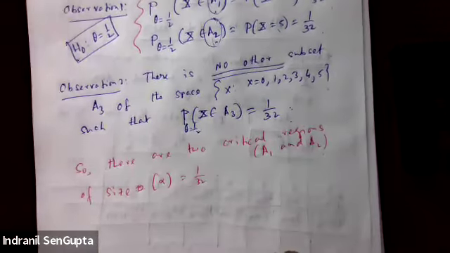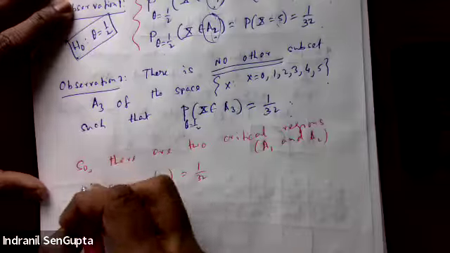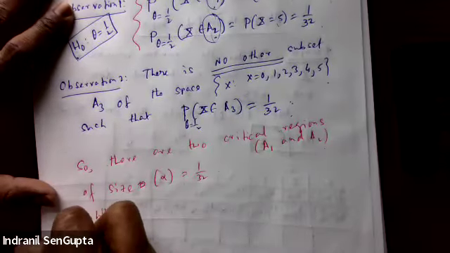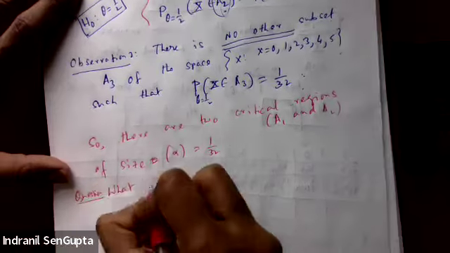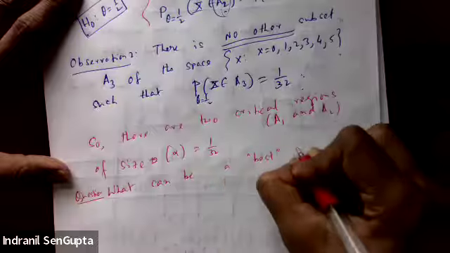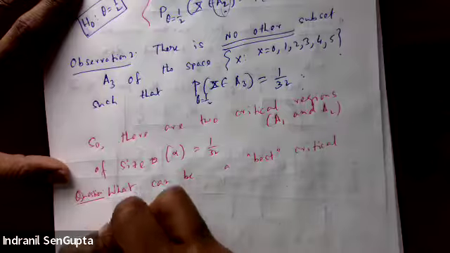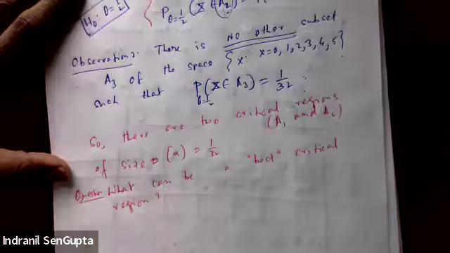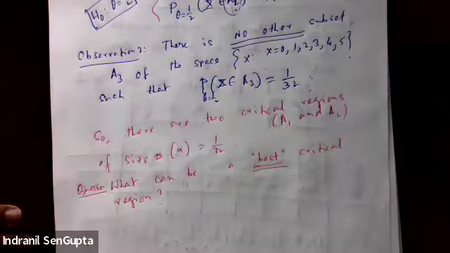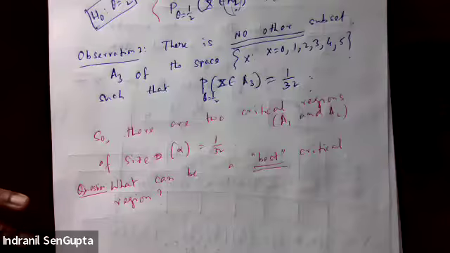Now here is a question: what can be a best critical region? The question is not well formulated yet because I don't even know what is meant by best, but we'll try to see this with an example.